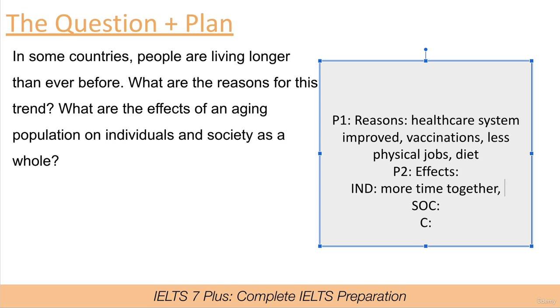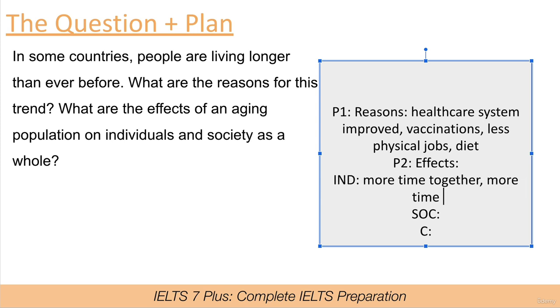But on the flip side, there's more time to live with perhaps not very nice conditions, for example, arthritis, dementia, these problems that affect elderly people. They are prevalent, and they can live with chronic pain a lot of the time.